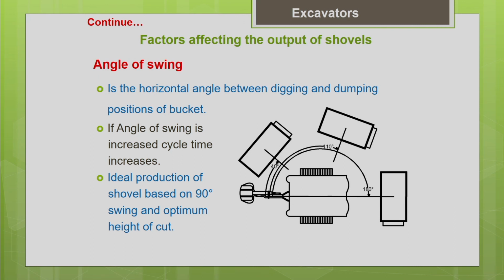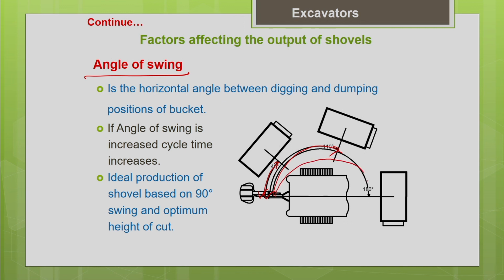Another important factor which is going to affect your productivity is the angle of swing. Basically the angle of swing is nothing but the horizontal angle between the loading and the dumping position, that is, the horizontal angle between your bucket and the truck.